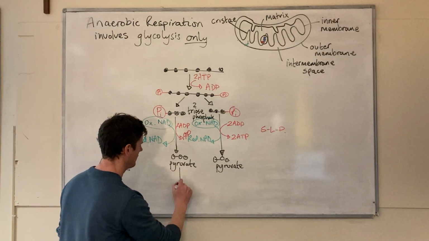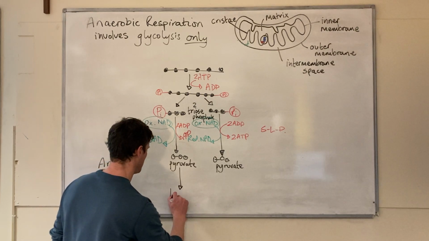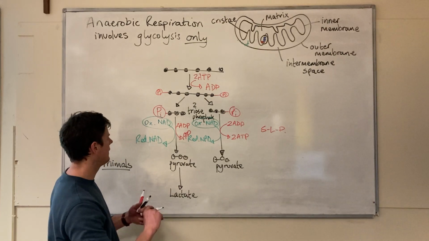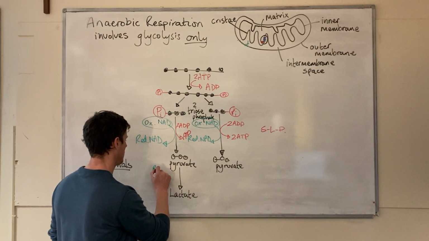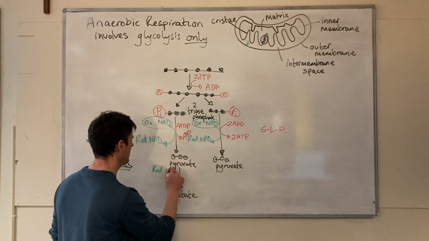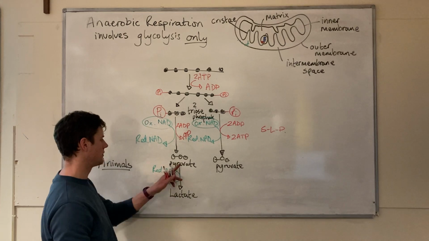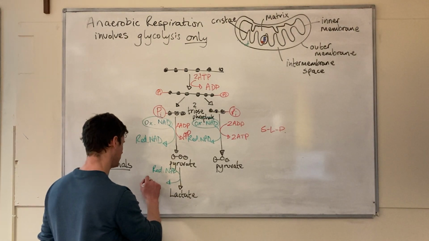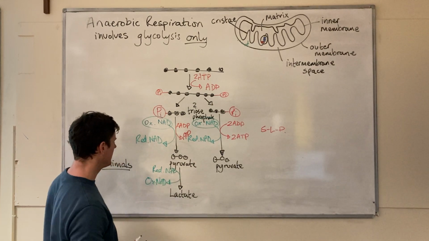Pyruvate is reduced to lactate, and that happens when the reduced NAD donates its protons and its electrons onto the pyruvate to form lactate. That creates more oxidised NAD.